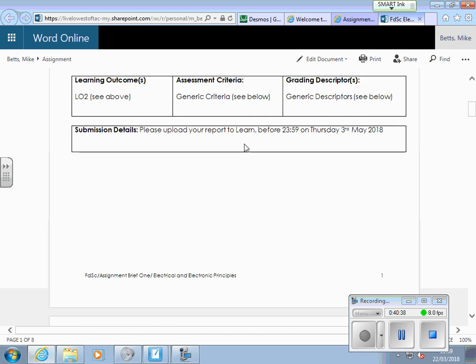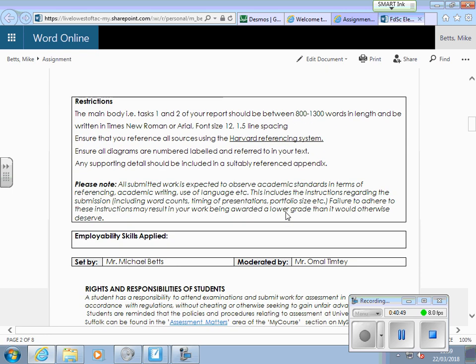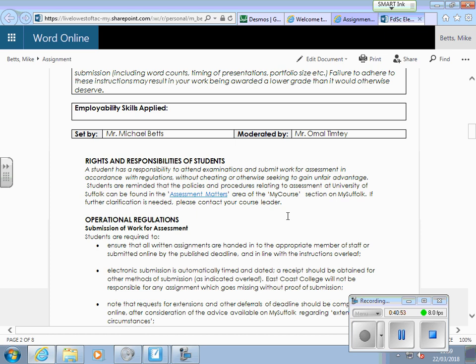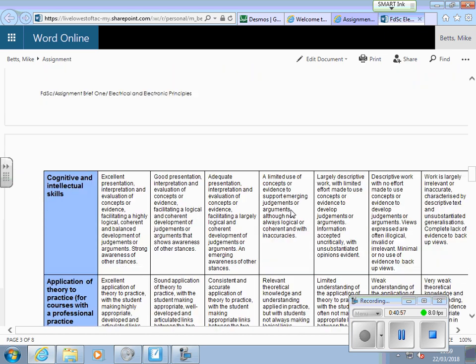So you've got to upload your report before 23:59 on Thursday the 3rd of May 2018. Various restrictions and other bits and pieces that are standard for all the assignments.